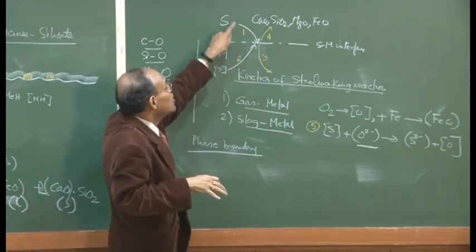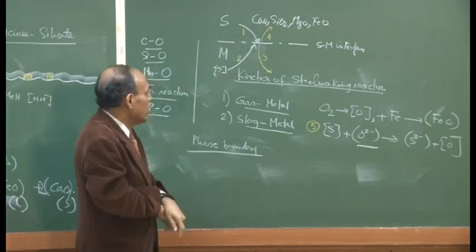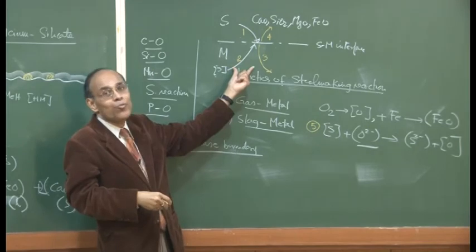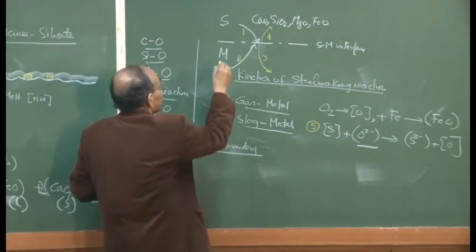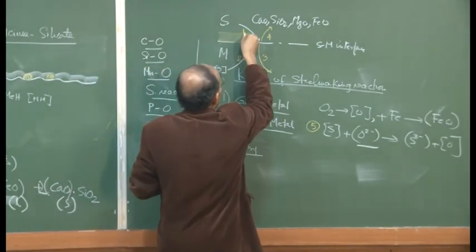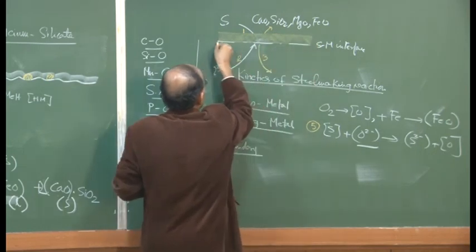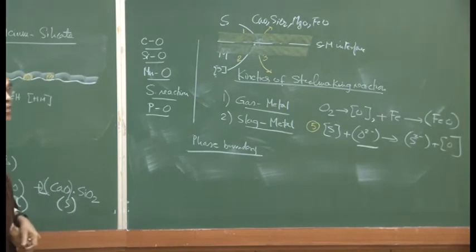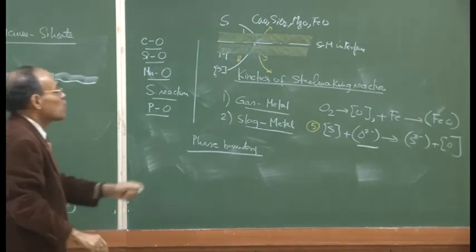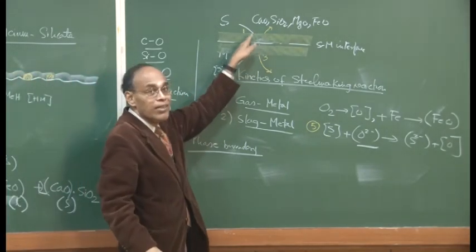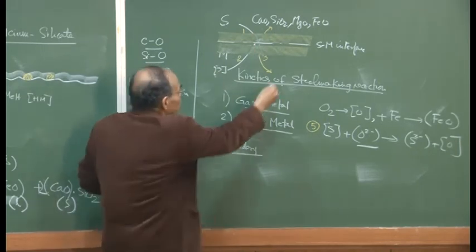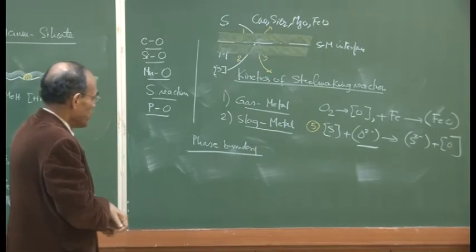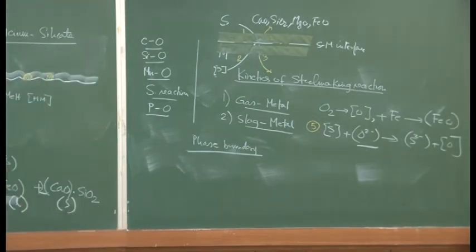So, transport in the slag could be slow, or transport in the melt phase could also be slow, and we all know that there are boundary layers on both sides of the slag metal interface from our knowledge of mass transfer theories. Often we find that transport across the boundary layer is slow and not the transport in the bulk, because the bulk tends to be very well agitated.